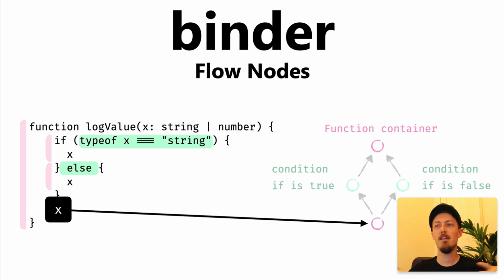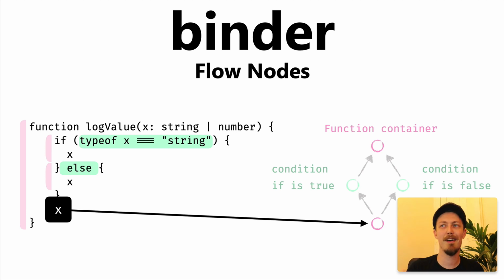And then for this last X, it actually has to check all of the flow nodes. It checks every single possible route on its way upwards, because at this point it's still possible that X has been changed by different conditionals inside your code. For example, you may have a return statement inside one of these if statements.